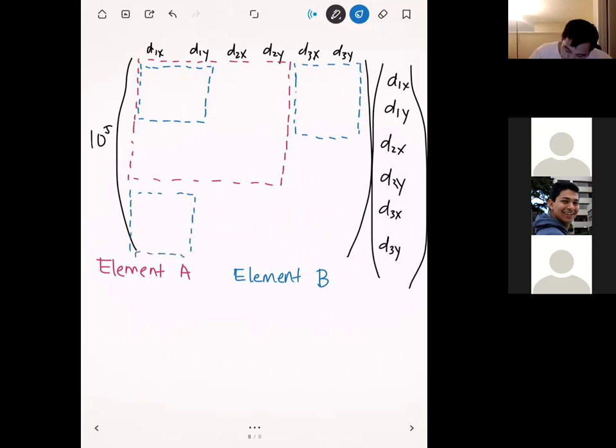And then we have the 3, 3 block down here. All right. And so let's go ahead and fill in the numbers here.